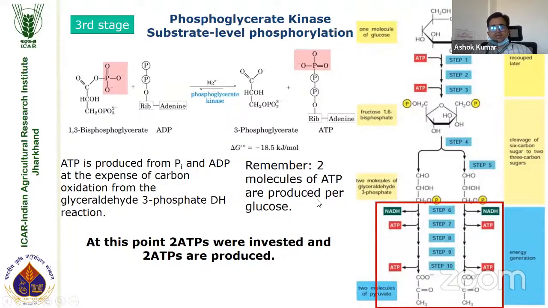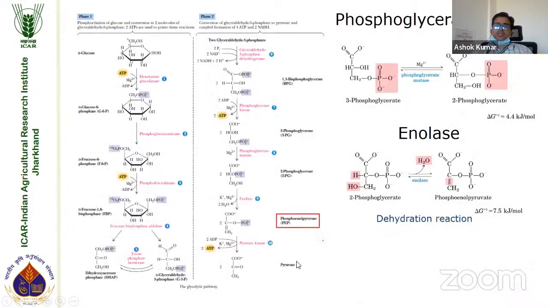Similarly, each step has something unique. If you consider one glucose molecule, there will be two molecules of 1,3-bisphosphoglycerate, so two molecules of ATP will be produced. This is phase 1 where we are spending energy, one here and one here. Two ATP per glucose molecule are spent for phosphorylation of glucose and this splitting.